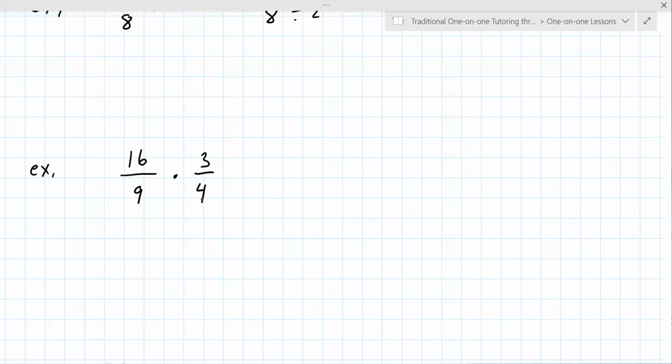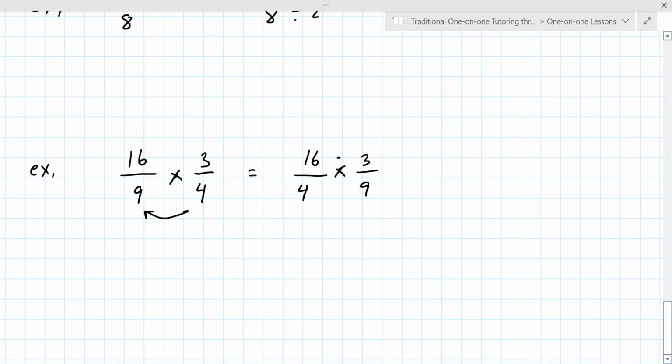It's kind of difficult. Well, it's not too difficult, but remember, you can switch the order of these. Wouldn't that help here? Yeah.